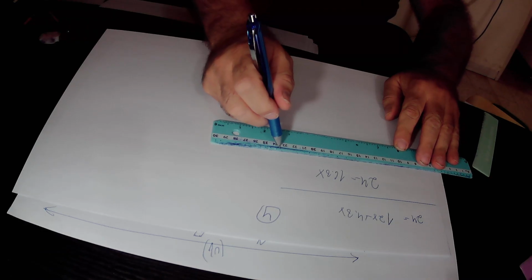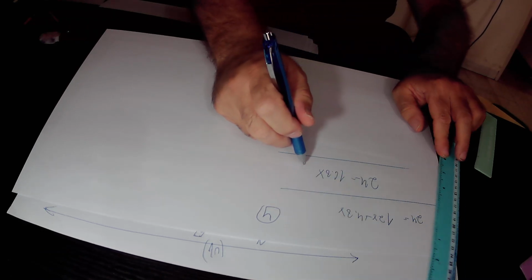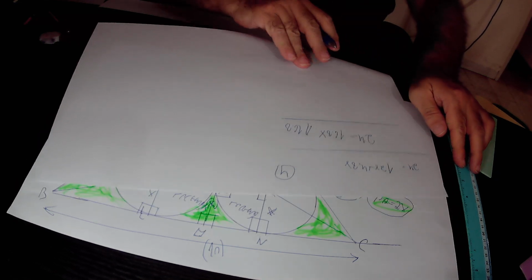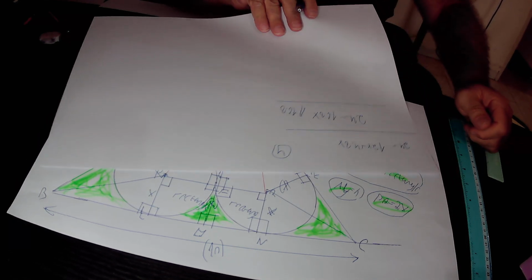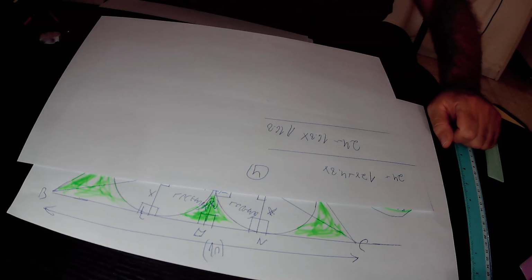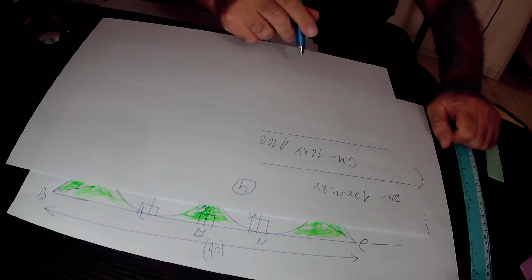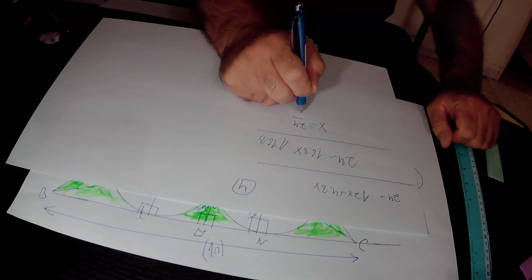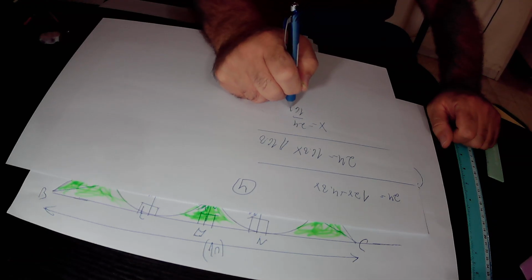Here we divide this equation by 16.8. And finally we get that x, that is the radius of those two circles, is equal to 24 over 16.8 units in length.